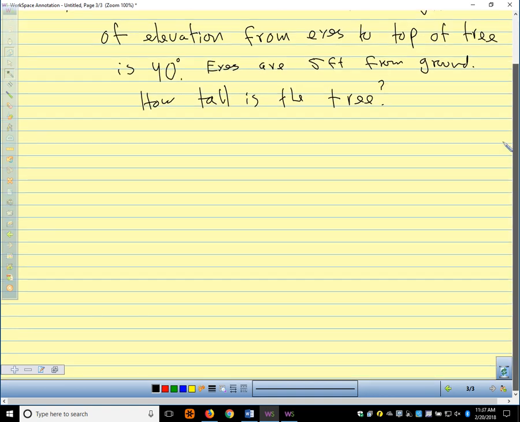All right, so let's draw a picture. Here we are standing on the ground, and we know this distance from our eyes to the ground is 5 feet. And here's our tree.